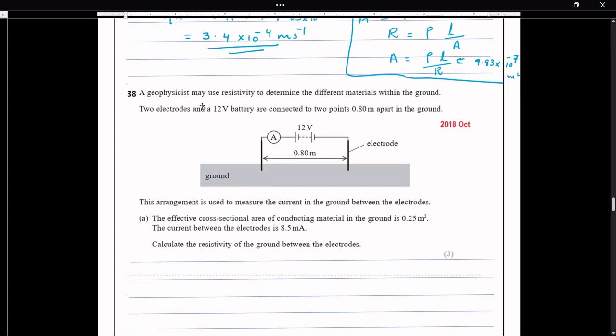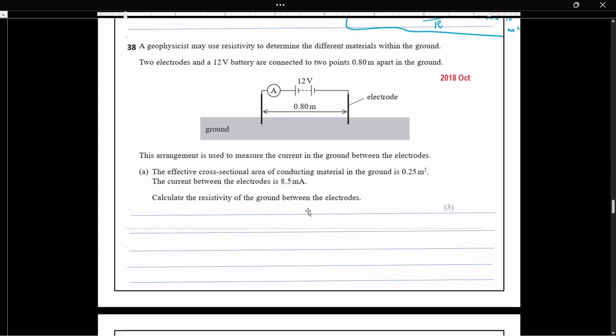A geophysicist may use resistivity to determine the different materials within the ground. The electrodes and 12-volt battery are connected to 2 points 0.8 meter apart in the ground. Calculate the resistivity of the ground between the electrodes. See, between the electrodes, the length is given.